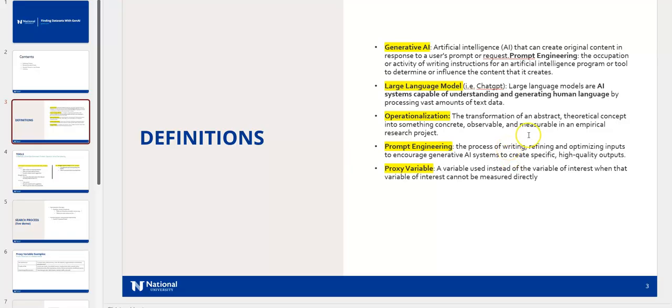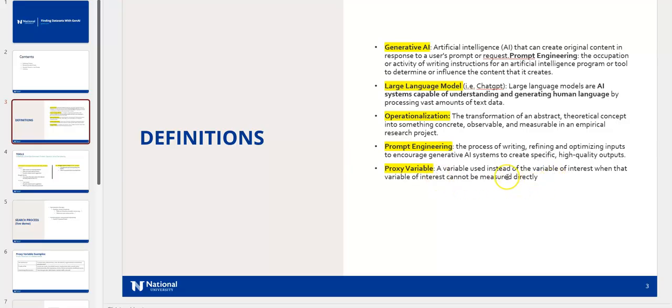Operationalization means the transformation of an abstract theoretical concept into something concrete, observable, and measurable in an empirical research project. Prompt engineering is the process of writing, refining, and optimizing inputs to encourage GenAI to create specific high-quality outputs.